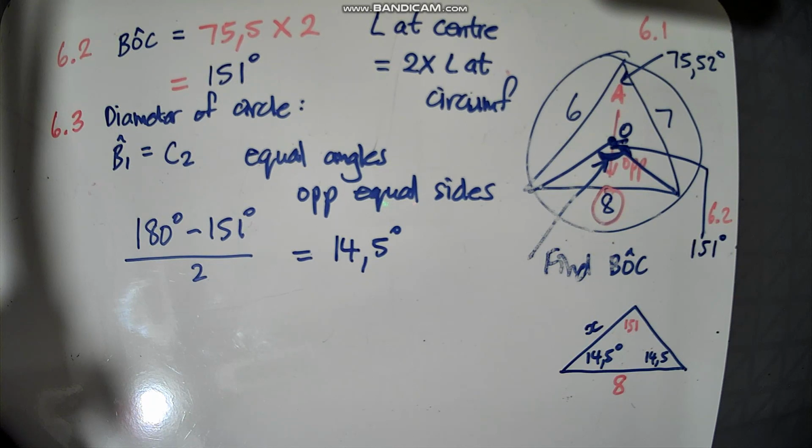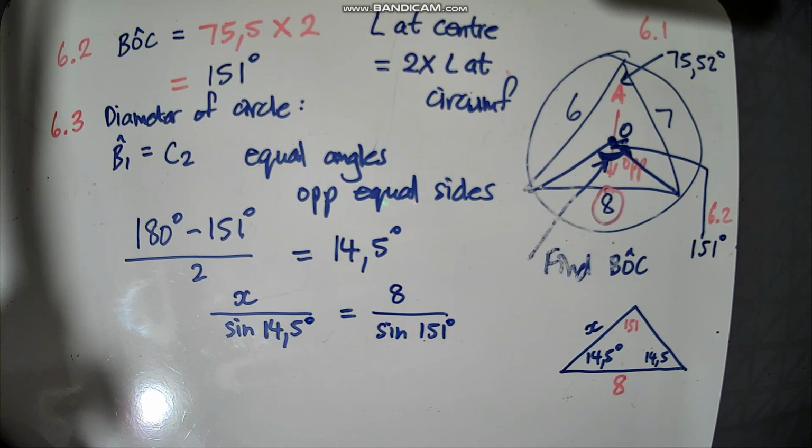Right, so simplifying the triangle here, what rule will you use to find x? So x over sine 14,5 is equal to 8 over sine 151 using the sine rule, and that will give us the radius.